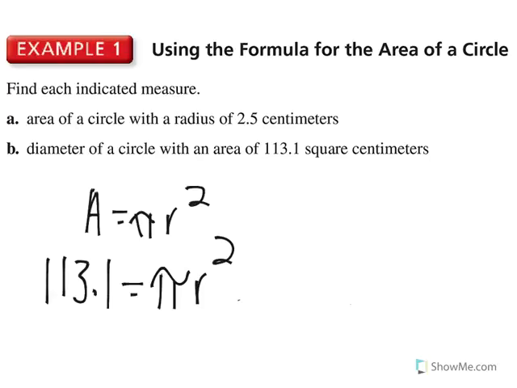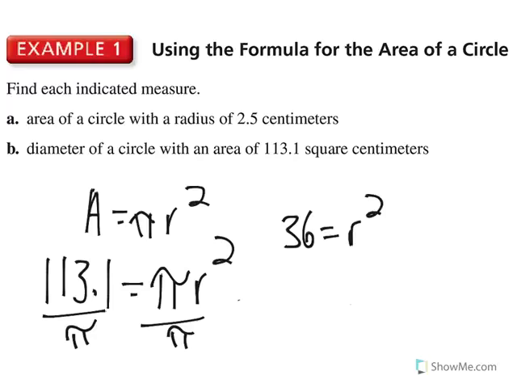So if we're solving for radius, we need to get radius by itself. So first thing I'm going to do is I'm going to divide by pi. And so when I put that in my calculator, 113.1 divided by pi gives me 36. So 36 now would be equal to r squared. And to get r by itself, we need to take the square root of both sides.